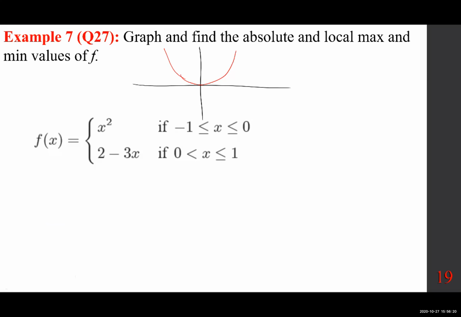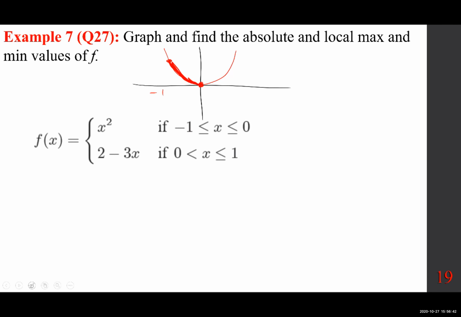But the only portion which is good, remember it goes from -1 to 0. So it goes from here, let's say this is -1, to here. The rest is no good. Only this portion, okay? That would be the first part.